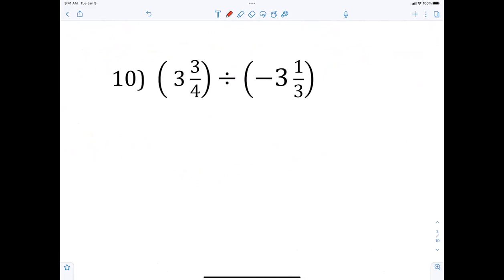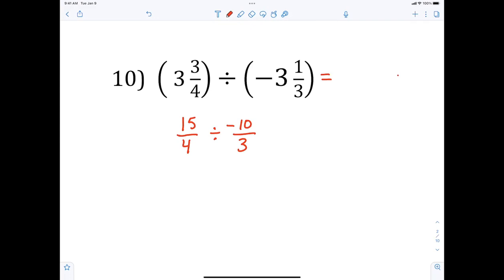Yes. So how do I do the division? You're amazing. 15/4 divided by... Well, let's go ahead and call it. I know what you did, but let's rewrite it as negative 10/3 first. Do you agree with me? Now, is this going to be positive or negative?